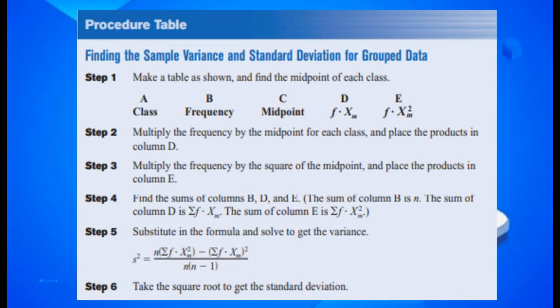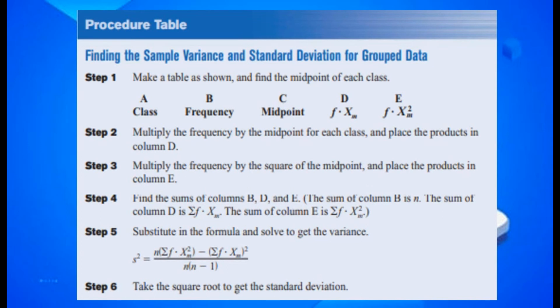The sum of column B is N. The sum of column D is the summation of frequency multiplied by the midpoint, and the sum of column E is the summation of frequency multiplied by the midpoint squared.